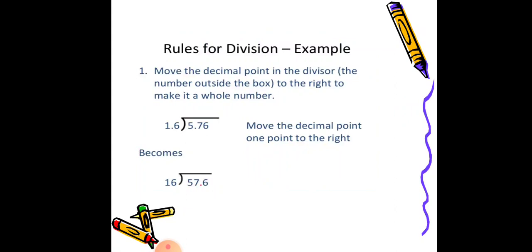The rules of division: move the decimal point in the divisor, the number outside the box, to the right to make it a whole number.